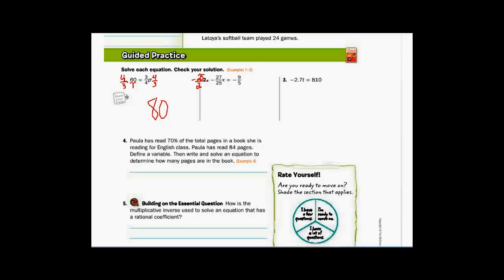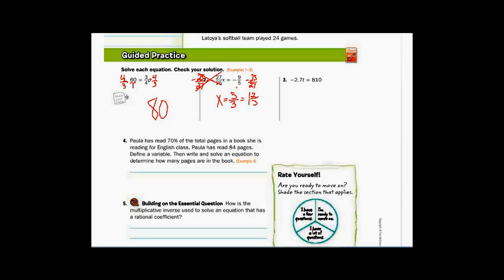Negative 25 over 27. Those cross out. Those are reciprocals. They are a 1. X is equal to 5 over 3, which you can leave as an improper fraction if you wish, or you can change it to 1 and 2 thirds. Oftentimes in algebra, you will see the improper fraction.